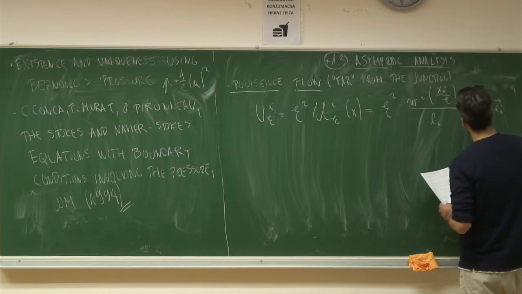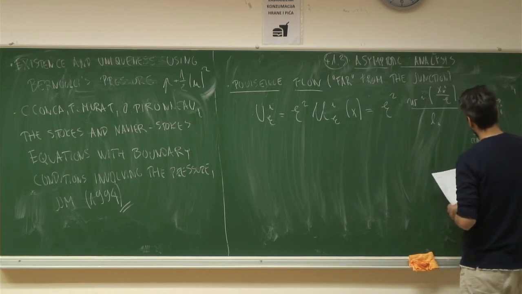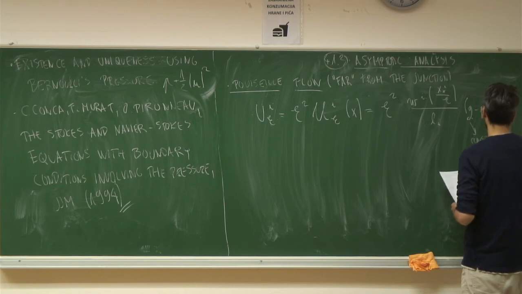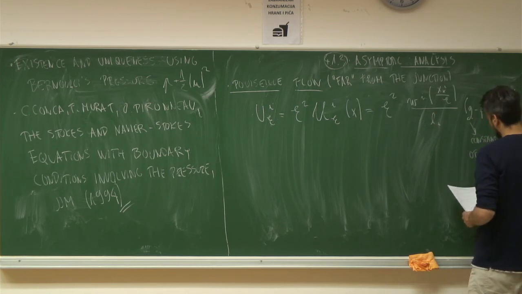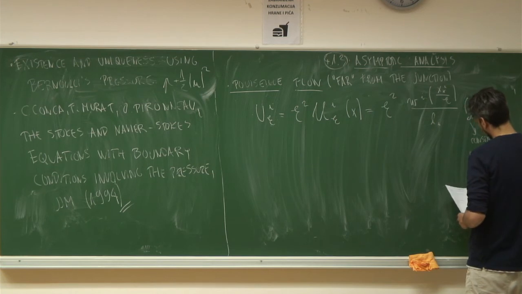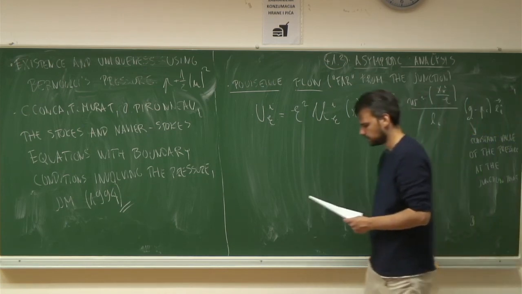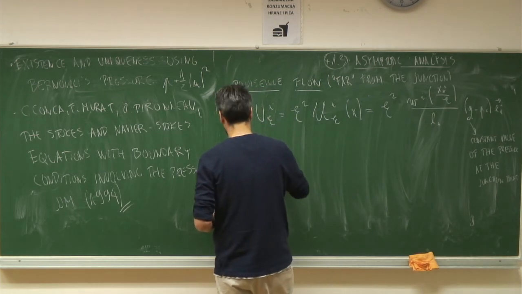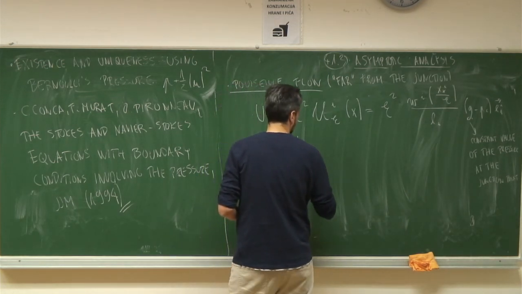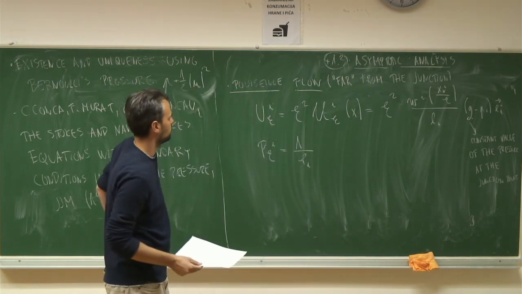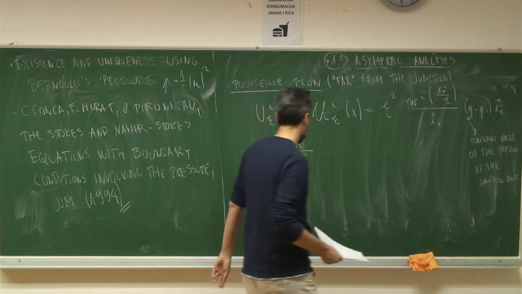Okay, so this q is the constant value of the pressure at the junction point. And p^ε_i is 1 over L_i. Of course, this L_i, π_i are for the corresponding ith pipe.